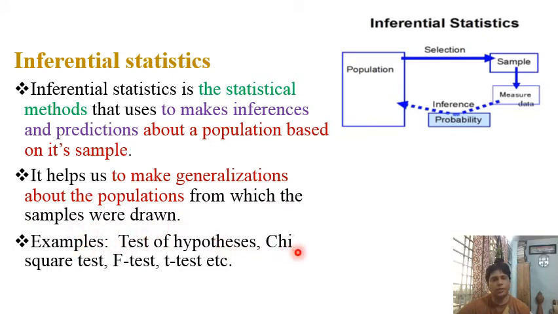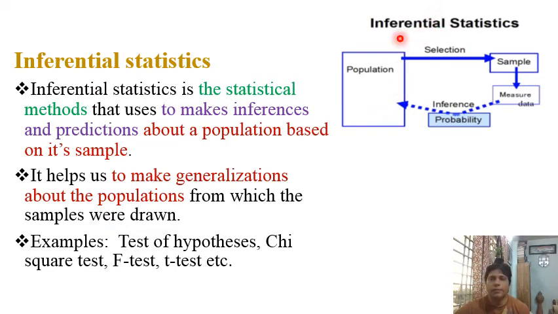Examples: test of hypothesis, chi-square test, F-test, and T-test, etc. Inferential statistics makes inference. Inference makes forecasting. We make forecasting, how this happened, how this data will affect other things.